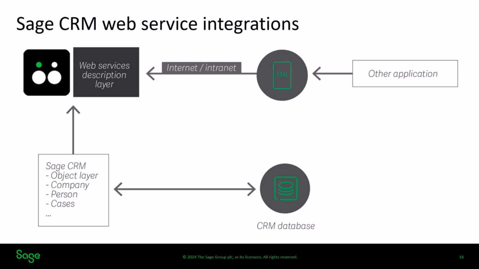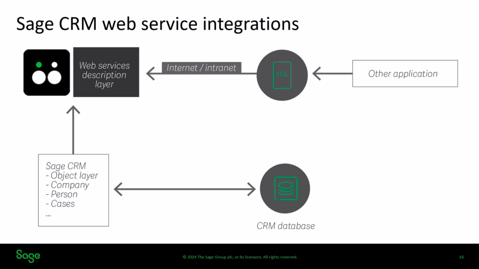That web services description layer has to be accessed by the development environment at least once at the beginning in order to get a snapshot of the objects and methods available to that development environment. That can be understood as the web reference or the service reference.